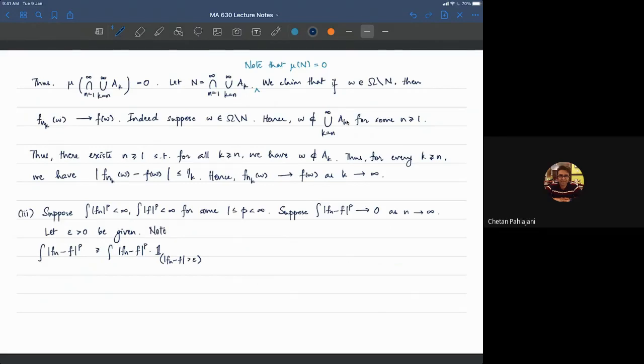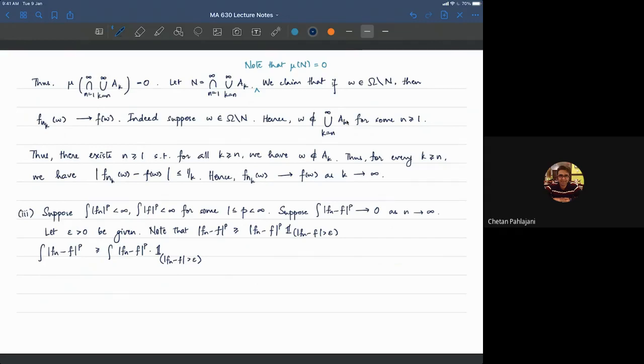So note that absolute value of f_n minus f to the p is greater than or equal to the indicator of absolute value of f_n minus f greater than epsilon. Okay. And now you use the fact that when you're talking about non-negative functions, bigger functions cannot have smaller integrals.